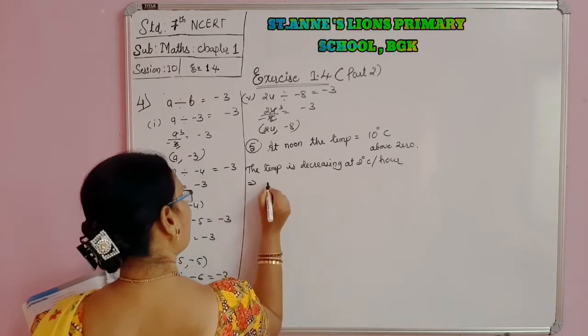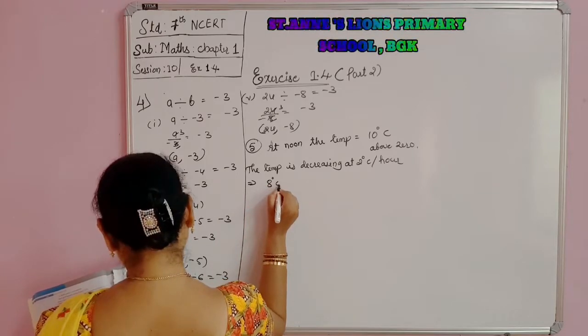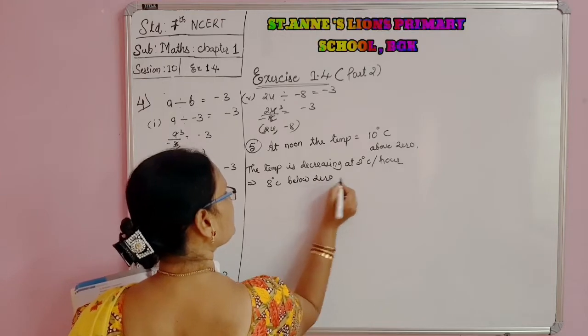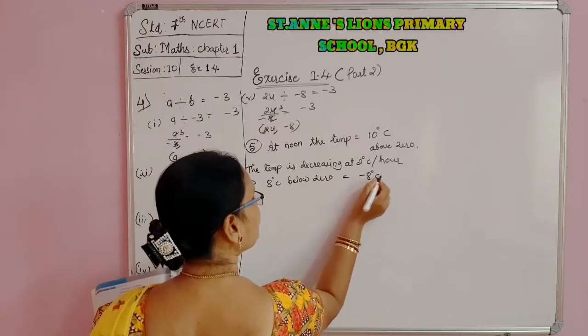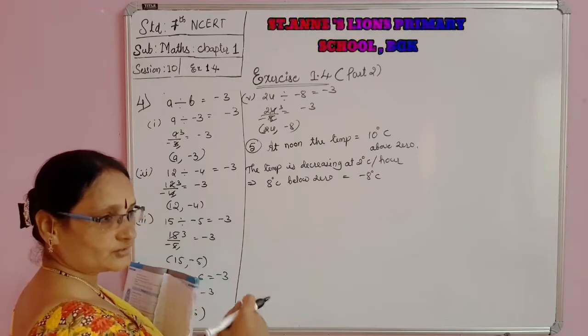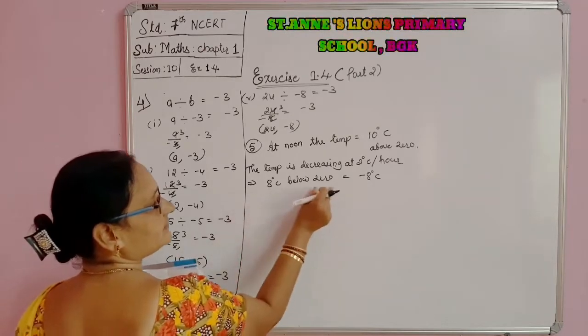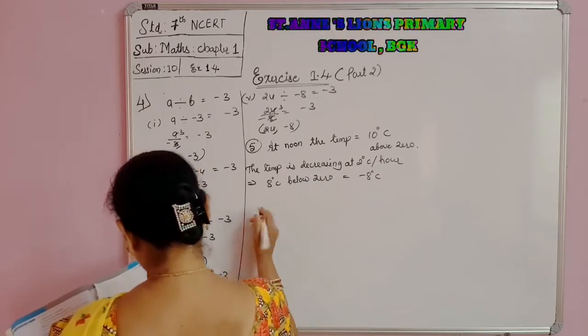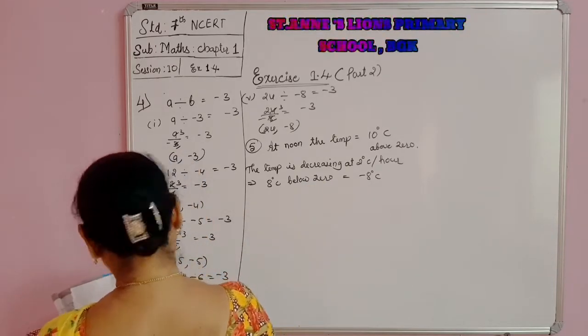So this implies that 8 degrees Celsius below 0 is equal to minus 8 degrees Celsius. Below 0 means 0, minus 1, minus 2, minus 3 like that.